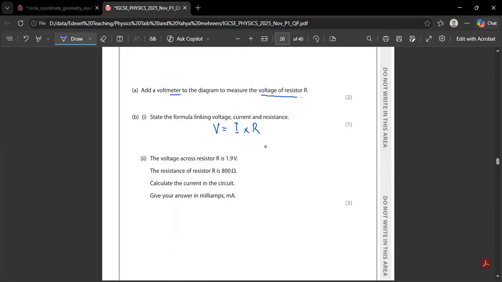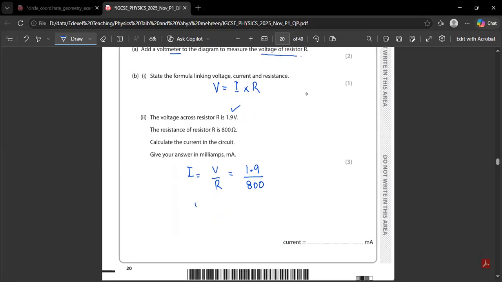So voltage across resistor R is 1.9 volt, right? And the resistance is 800. So V over R, where V is 1.9 and resistance is 800.